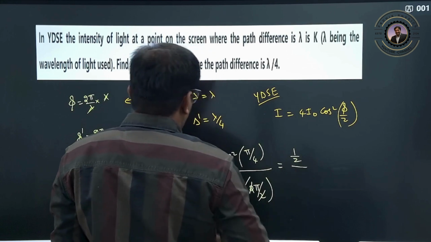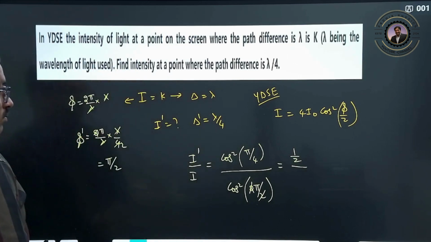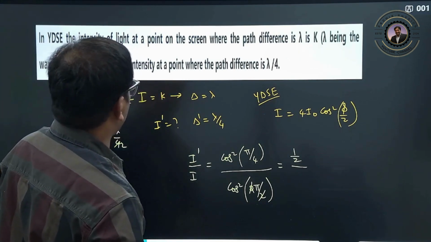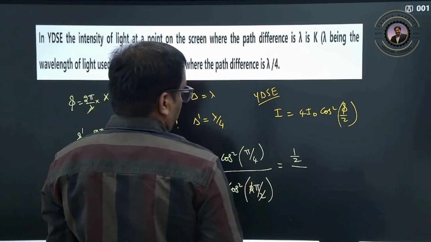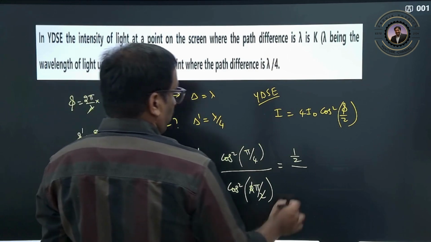For the first case, cos pi is minus 1, whole square is 1.